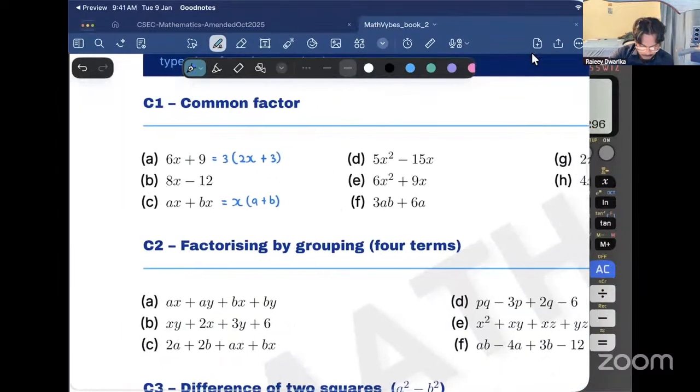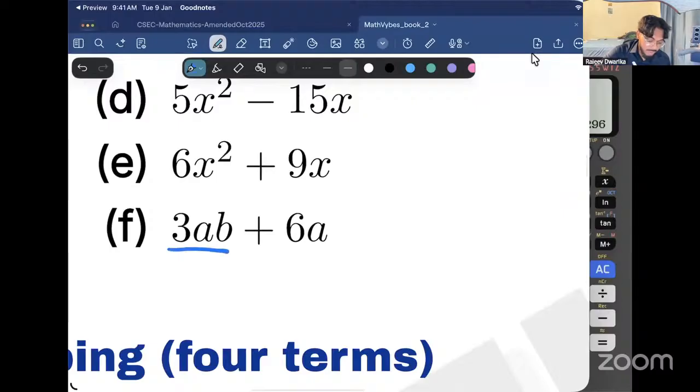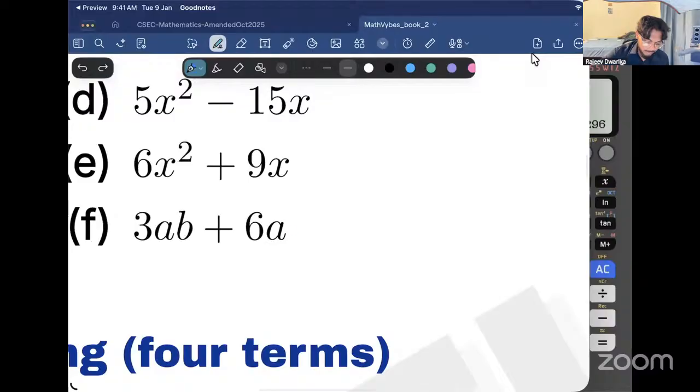Renisha, talk to me. If she's okay with it, I would like to try one. No problem. Alright, Renisha, I want you to look at 3ab and 6a. What do both of them have in common? Both of them have an a in common, so I would pull out the a.